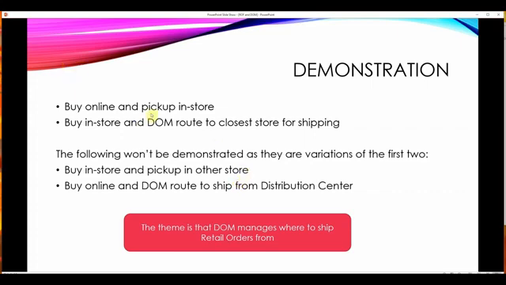It's just orders coming in from different channels and being fulfilled from different locations. But the setup and the processing around these is exactly the same. The theme here is that when you're doing retail order fulfillment, you are relying on DOM to manage where orders ship from.